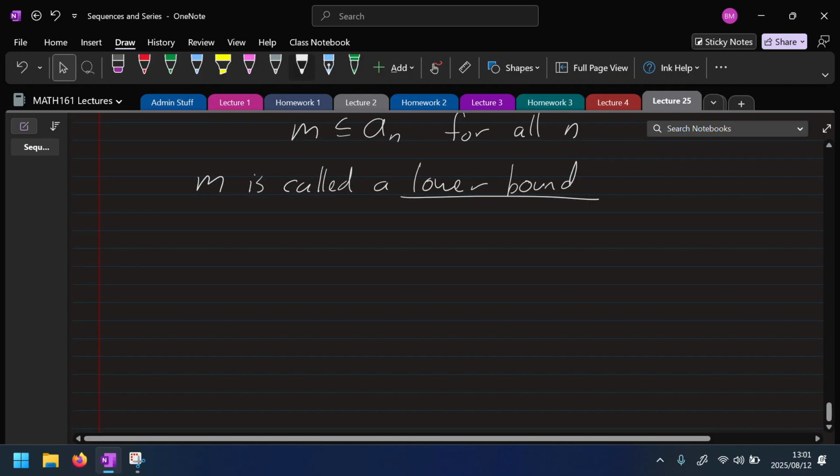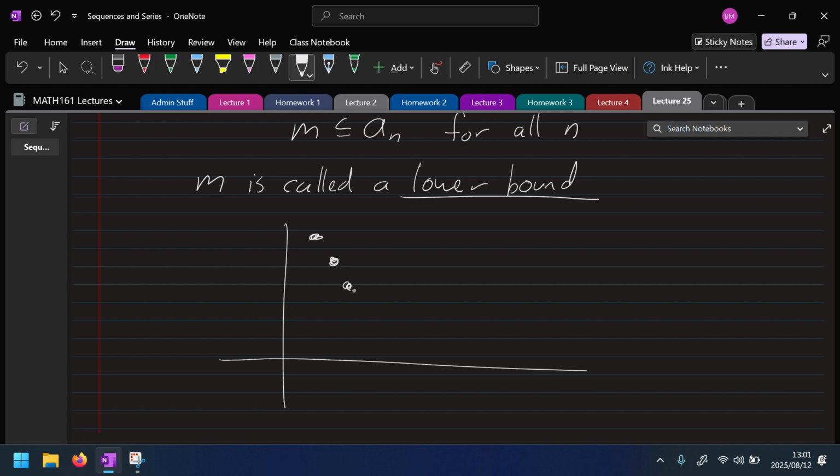We can draw a nice picture of this as well. So let's do this one over here. Maybe it levels off, something like that. So we can have this pink line here, little m. That is a lower bound because the sequence here with the white dots never goes below the pink line. So we say it's bounded below.